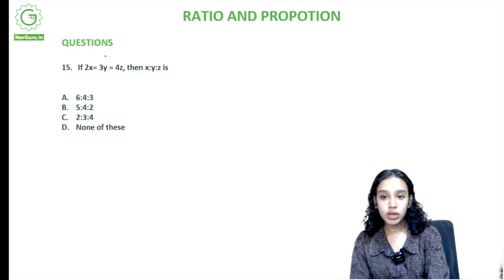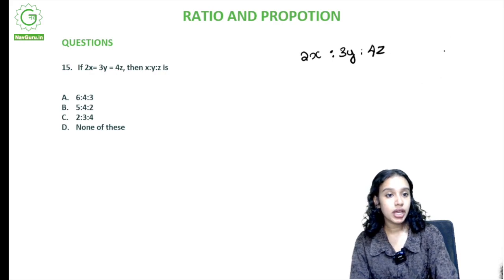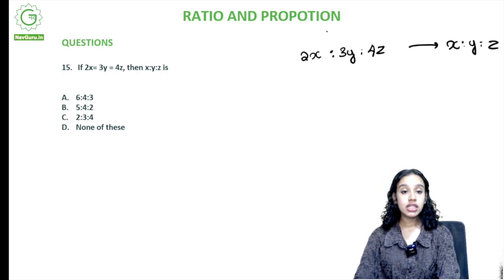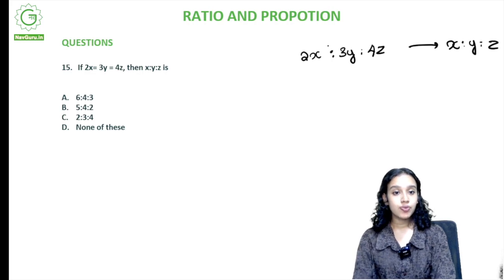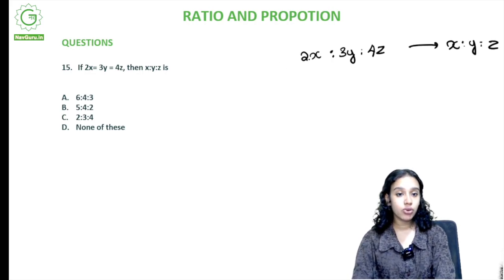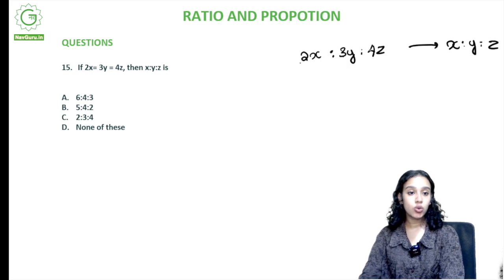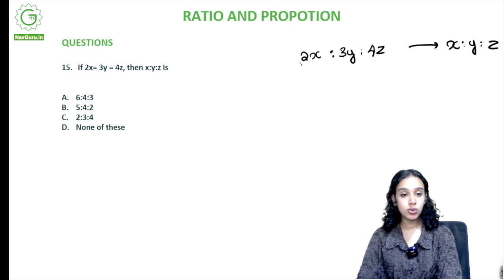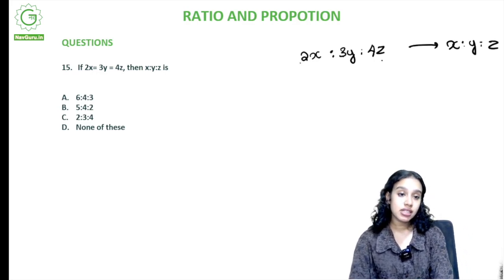Now, if 2x equal to 3y equal to 4z, then x is to y is to z equal to. So, we have 2x is to 3y is to 4z. We have to find x is to y is to z. So, we need to cancel out all these numerators, right? So, what is the common multiple of 2, 3, 4? The lowest common multiple is 12; 4 into 3 is 12, 12 into 2 is 24, we could take 12 as it is. Why?